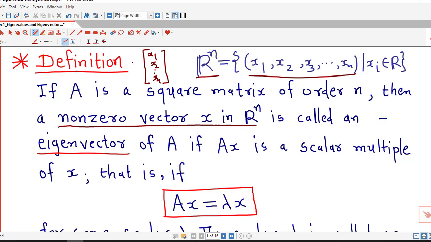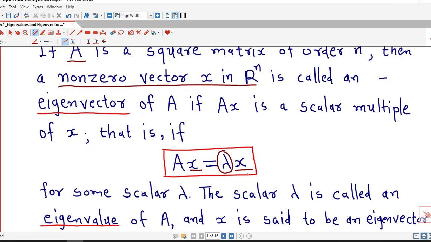So if there exists a non-zero vector x in Rn such that if we multiply this capital A by this non-zero vector x, we obtain lambda into x, then this x is known as an eigenvector of matrix capital A, and this scalar lambda is called an eigenvalue corresponding to this eigenvector.